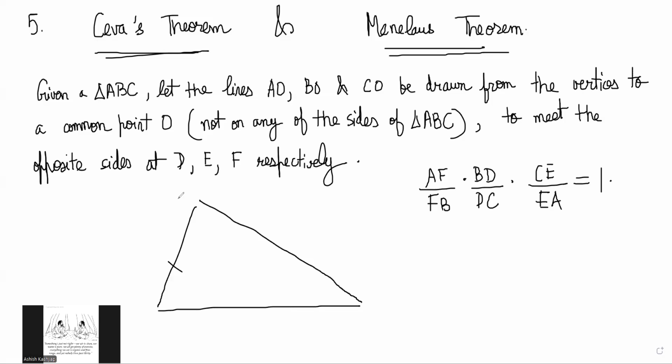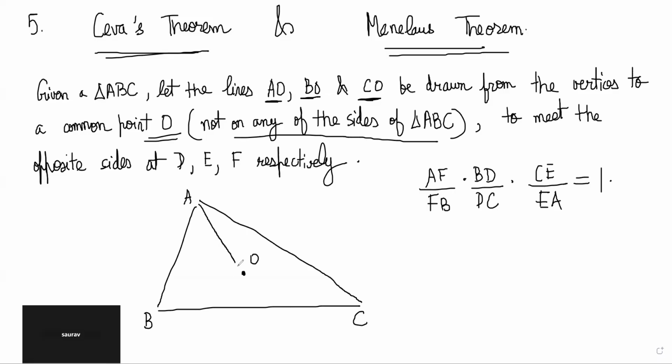We have a triangle ABC, and there is some common point O, which is the point of concurrency of these three lines, AO, BO, and CO. Let's make the point O somewhere here. The only condition is that O is not on any of the sides. Is everyone understanding what I'm saying? This is my point O. So AO, BO, CO. It can be anywhere.